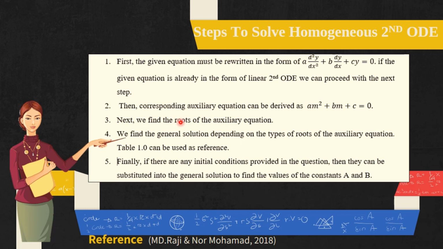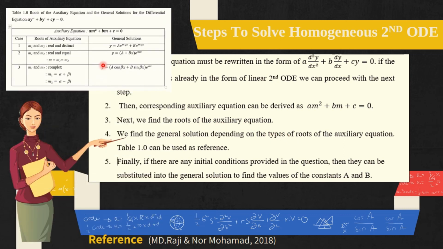Next, we find the roots of the auxiliary equation. We can find the general solution depending on the types of roots of the auxiliary equation. Table 1.0 can be used as reference. Finally, if there are any initial conditions provided in the question, then they can be substituted into the general solution to find the values of the constants a and b. So that is all for the common procedure to solve the linear homogeneous second order differential equation.